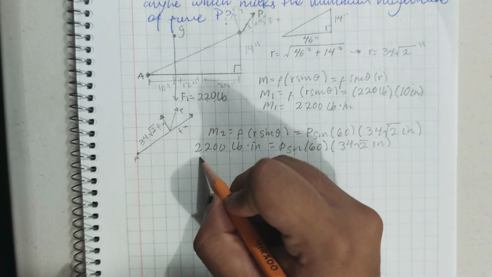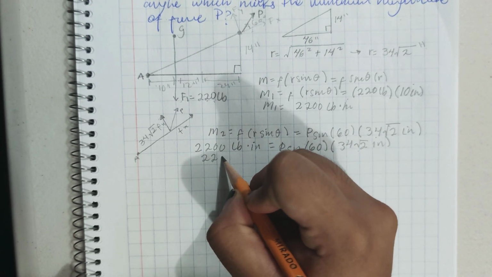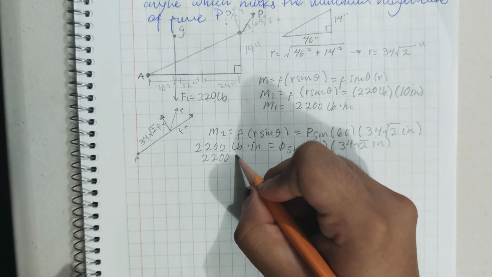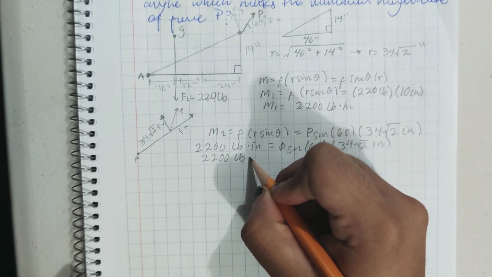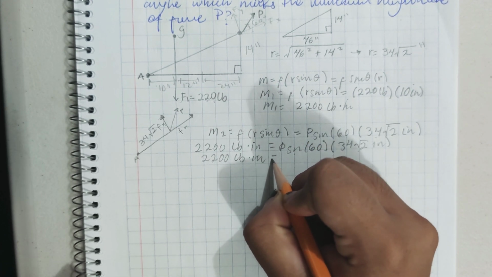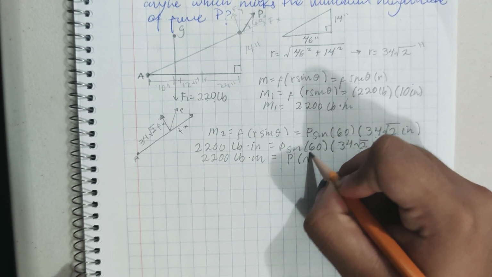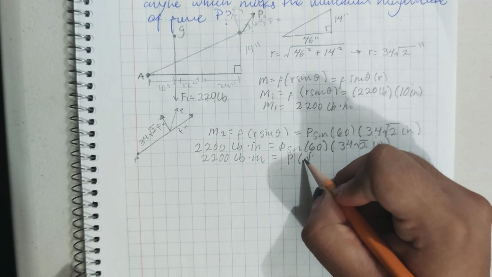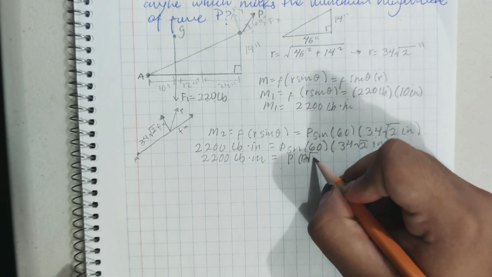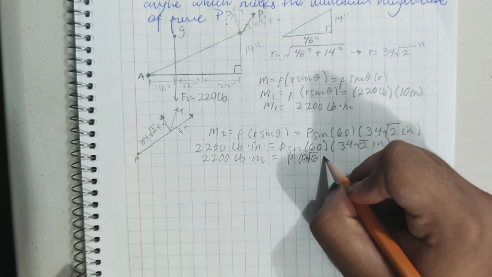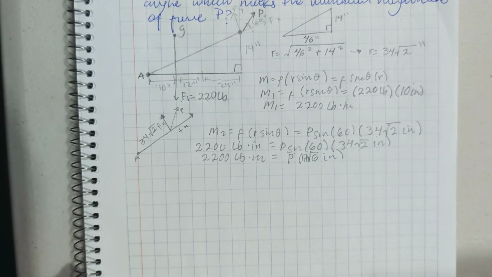Making this operation, we have that 2,200 pound-inches is equal to P times 17 square root of 6 inches.